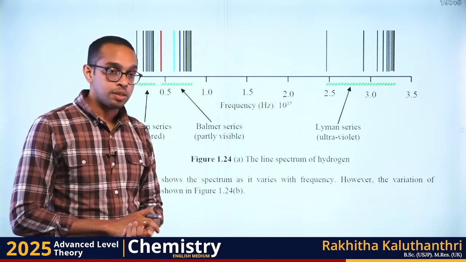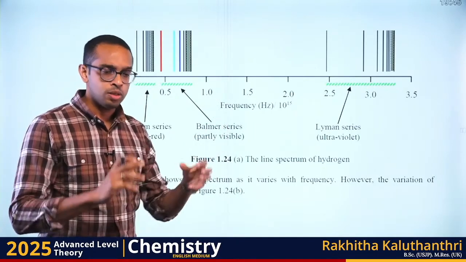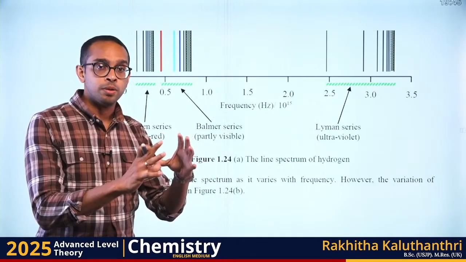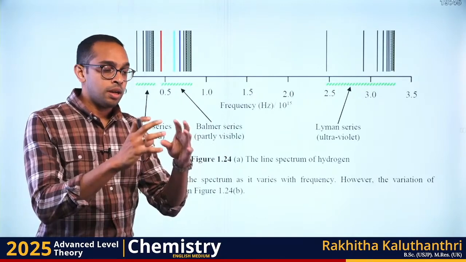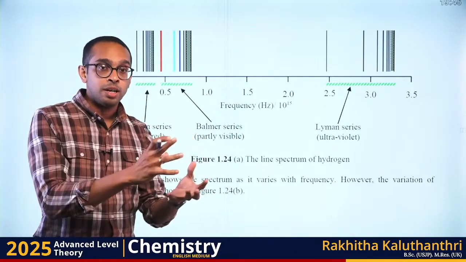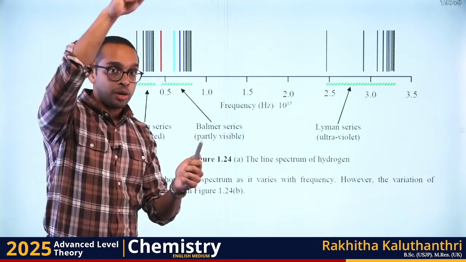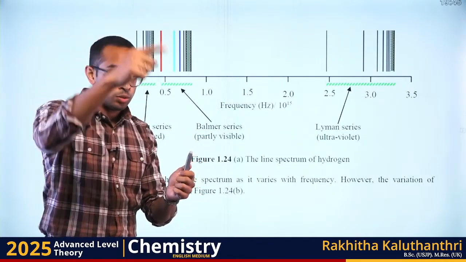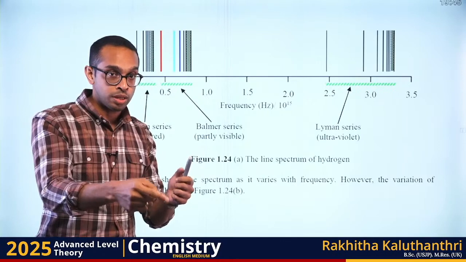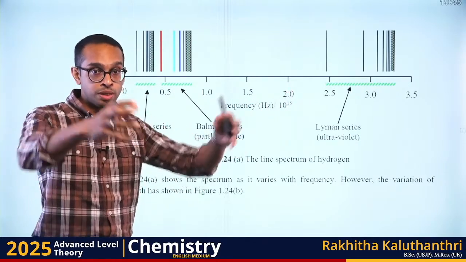Hydrogen's emission spectrum, just to recap, is produced by providing energy to a sample of hydrogen and energizing the hydrogen. At that point, students, hydrogen will absorb the energy and excite electrons to high energy levels. As electrons fall into the ground state again, it will release electromagnetic radiation.